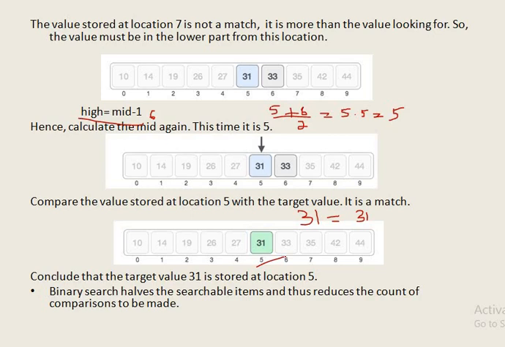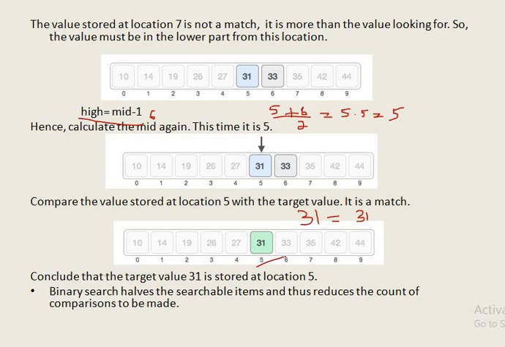So this algorithm is applied several times until a match is found, but the total number of comparisons here is reduced as compared to linear search. What we have done in linear search is compare all the elements starting from the initial position of the array to the final position of the array.